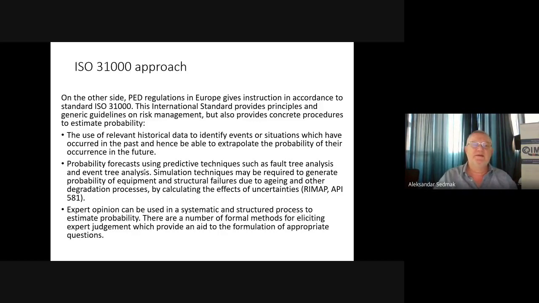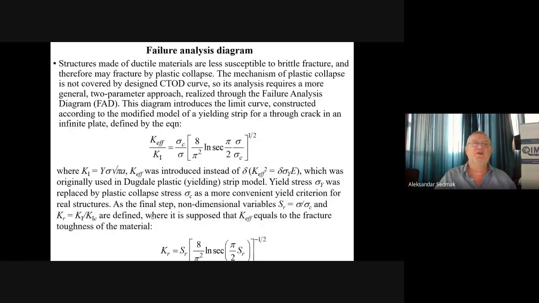So we will use the third option mentioned by the ISO 31000 approach, which is expert opinion. And this is practically the approach that we introduced in this story.